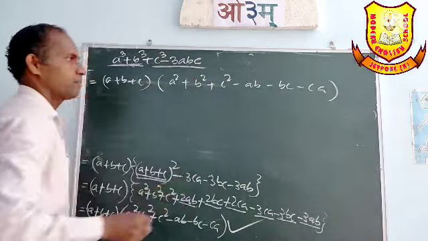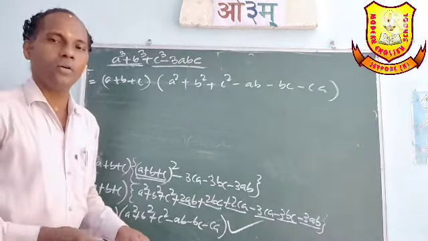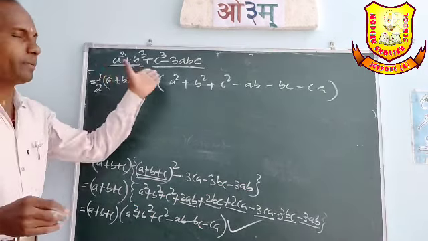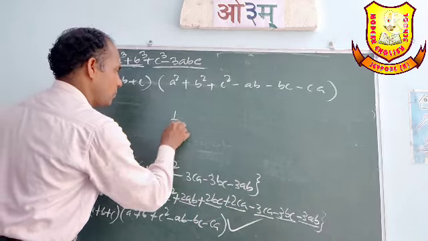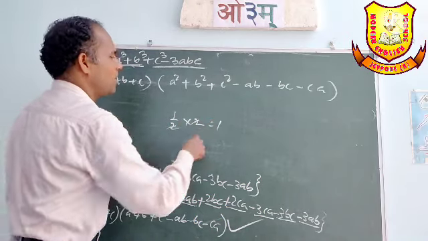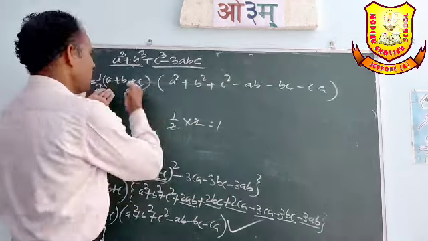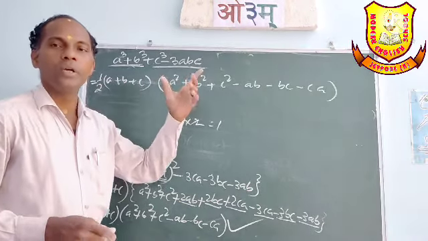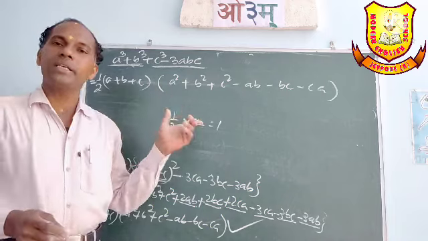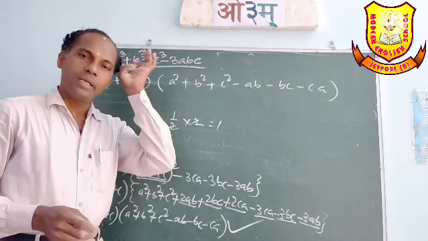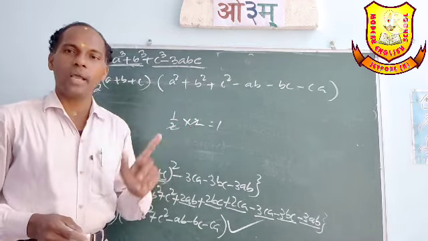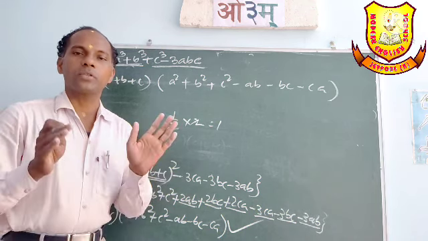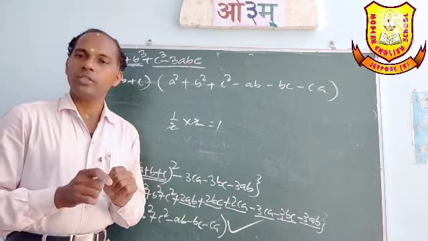What we will do now is divide by 2 and multiply by 2, because 1 by 2 into 2 is 1, there is no problem. So as we have to prove a cube plus b cube plus c cube minus 3abc equals half into (a plus b plus c) whole into (a minus b) whole square plus (b minus c) whole square plus (c minus a) whole square.